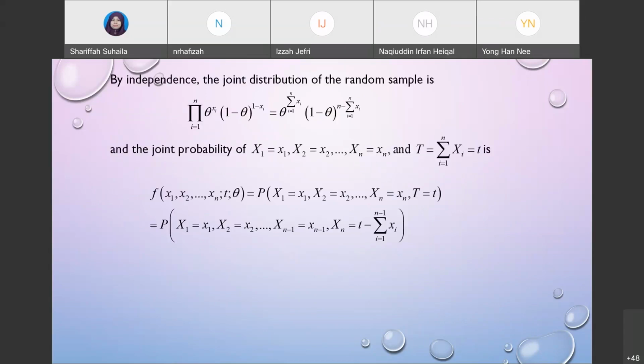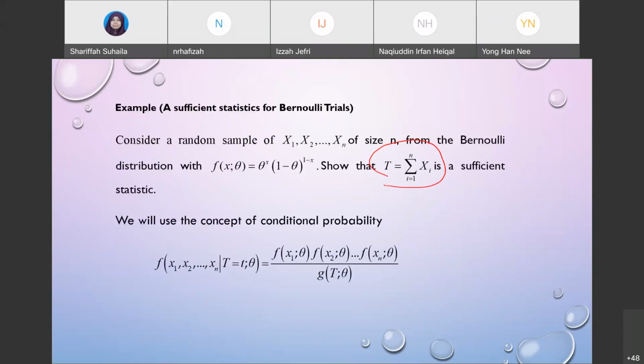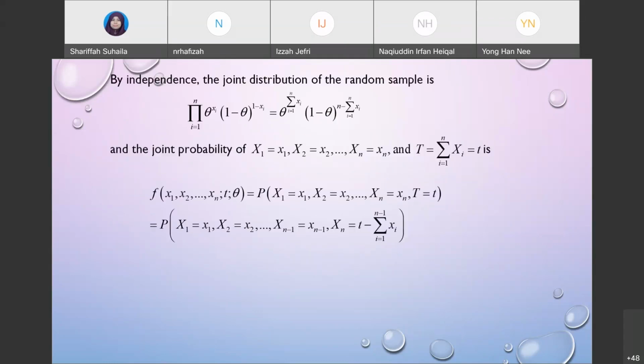So again, here we assume that your random sample are independent. So by independence, we get the joint distribution, this one. So kita ada f(x1, theta), f(x2, theta), f(xn, theta). So we have here theta to the power xi, (1 minus theta) to the power 1 minus xi.